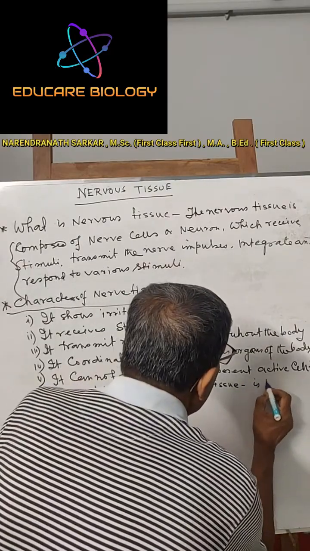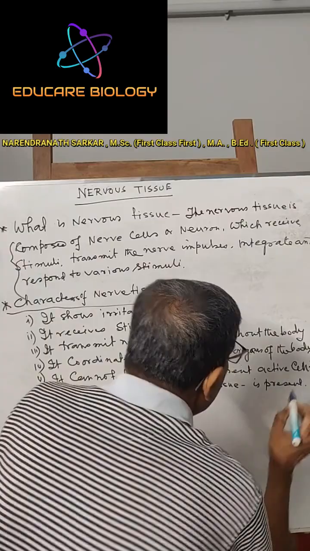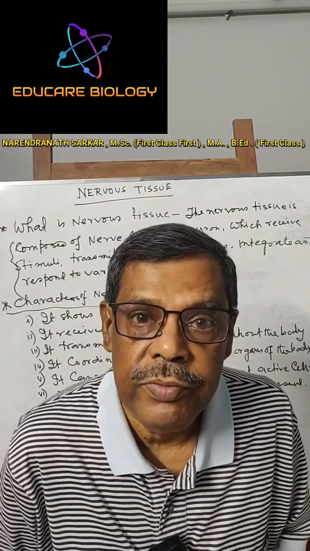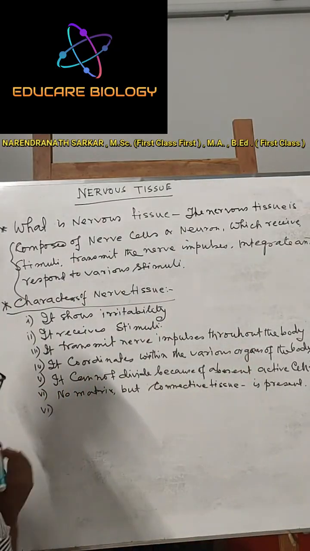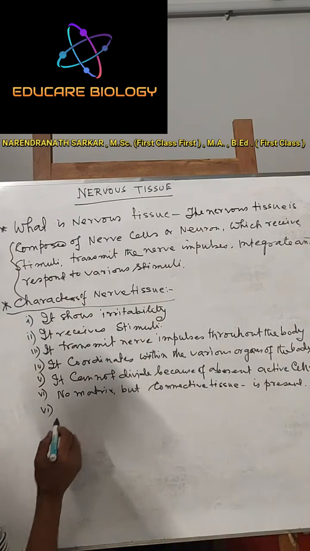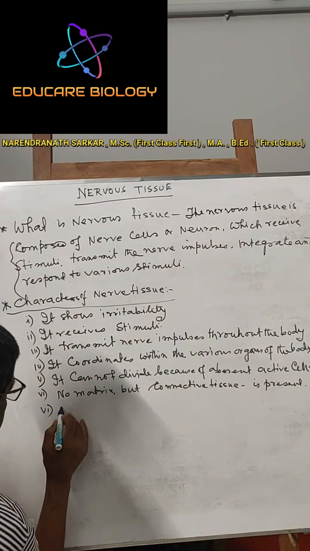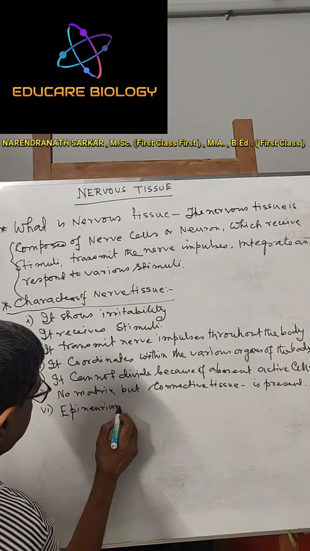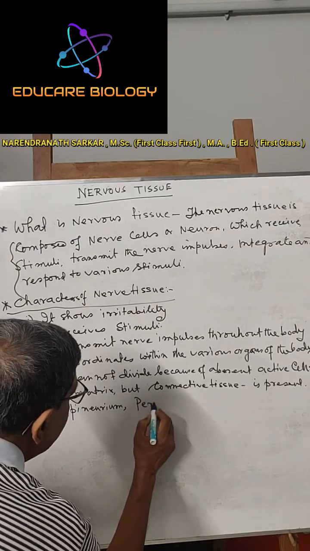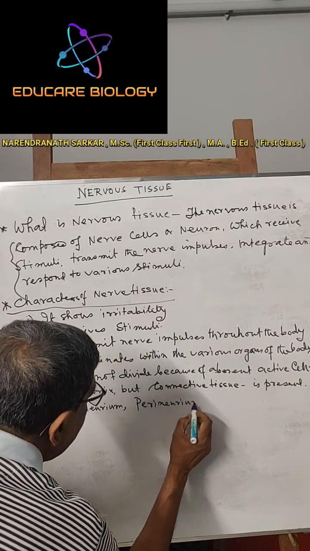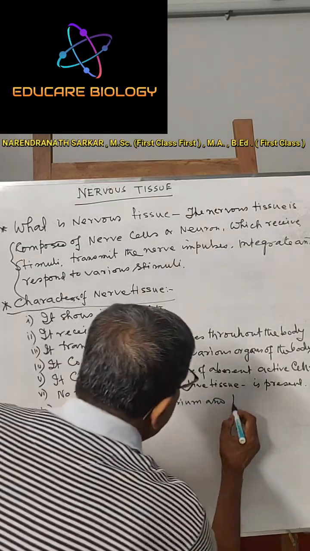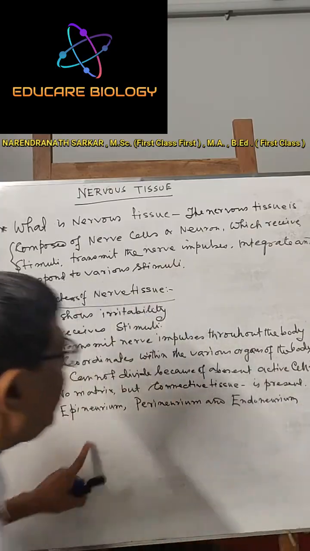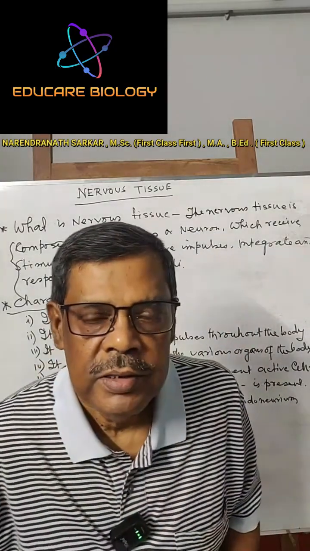The connective tissues are three types: epineurium, perineurium, and endoneurium. These three types of connective tissue are present in nerve tissue.